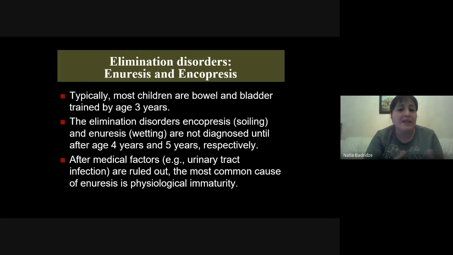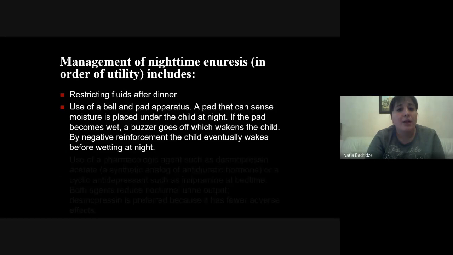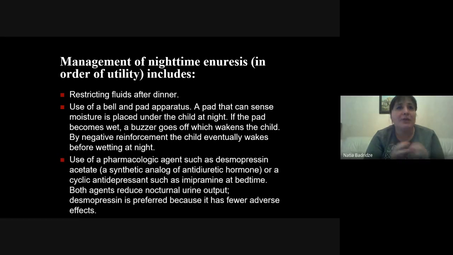And after medical factors like urinary tract infections are ruled out, the most common cause of enuresis is physiological immaturity. The most common type is nighttime enuresis, and there is a very effective treatment for it, which includes restricting fluids after dinner and the use of the bell and pad method, or bell and pad apparatus.